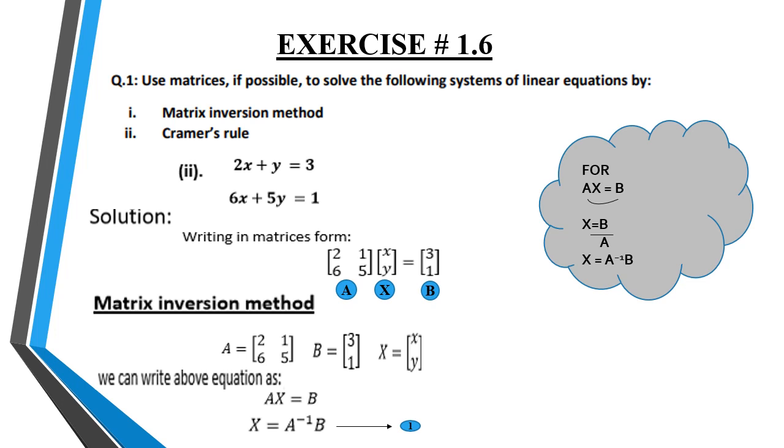When A moves to the right hand side, it will be divided. As we know that the power of A is positive 1 and the power of B is positive 1, A will move from denominator to the numerator. The positive power of A will become negative and the equation becomes x is equal to A inverse B.